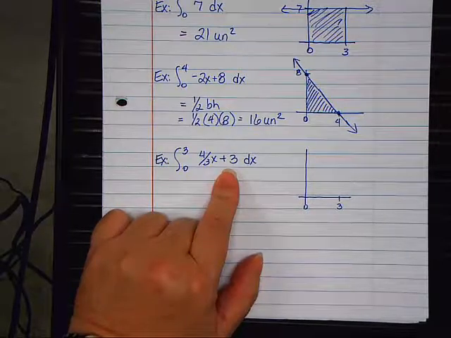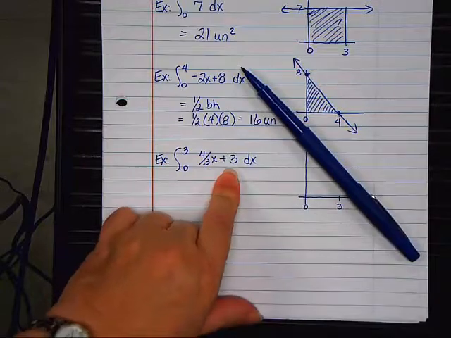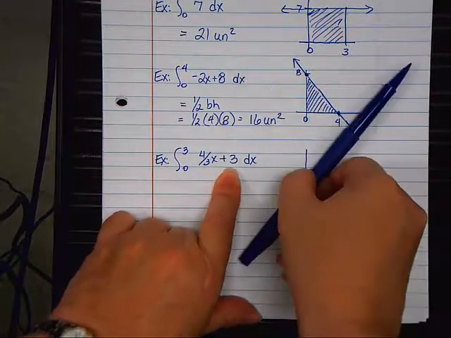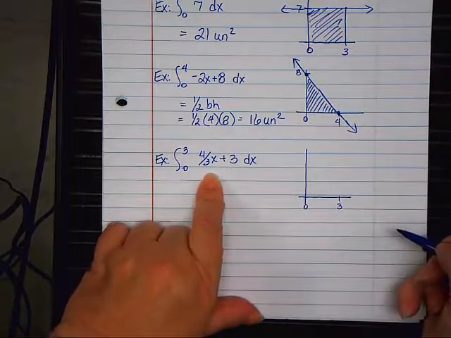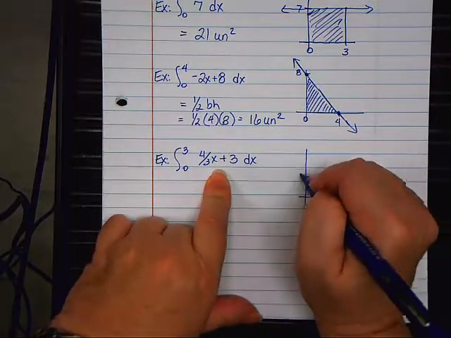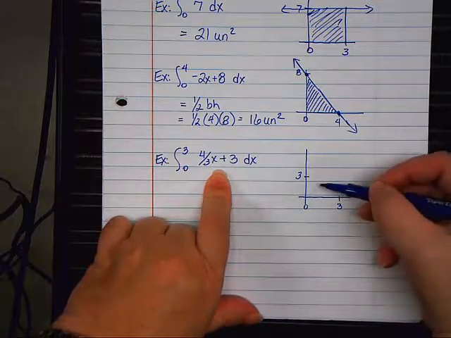What type of graph? It's still linear. Does it slope this way like before? No. It slopes this way this time. Okay, that's going to make life interesting. What's the y-intercept? 3. And then it's going up from there, so I didn't put the 3 very high.